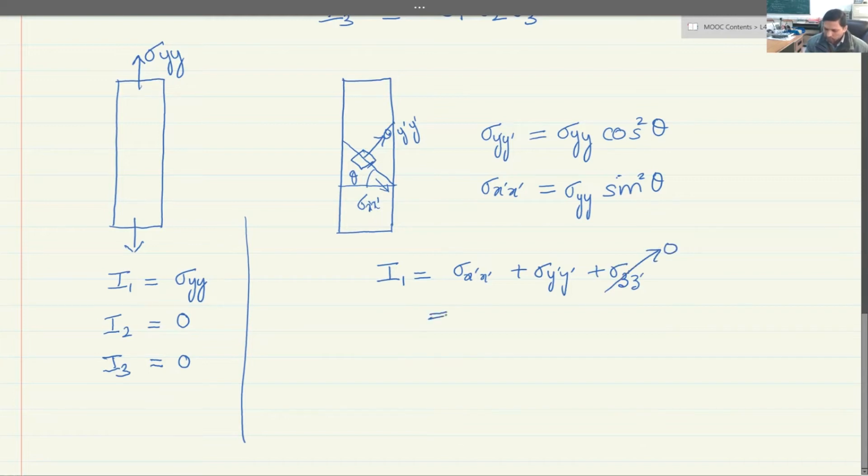So sigma x prime and sigma y prime turn out to be sigma yy cos square theta plus sigma yy sin square theta, and therefore it is sigma yy. So this part turns out to be correct.